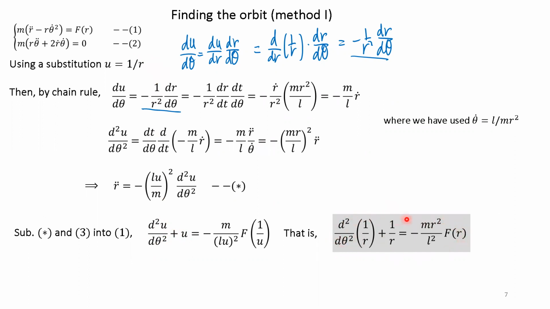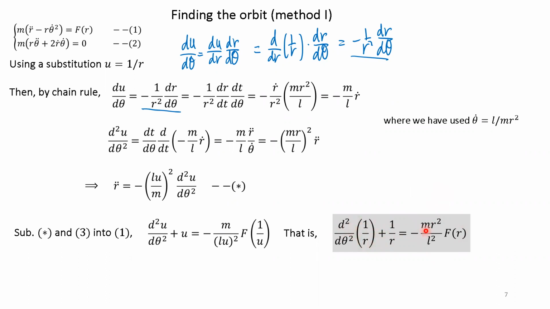So this one still looks a bit complicated to you, maybe, but you can see that this is a second order linear ODE. Of course this is inhomogeneous. If you just consider the right hand side to be 0, you actually immediately know how to solve this.